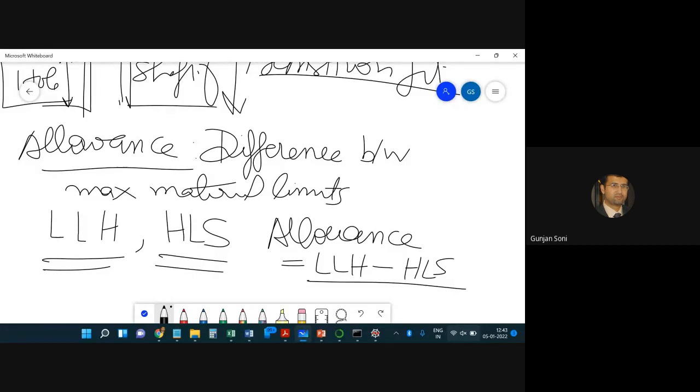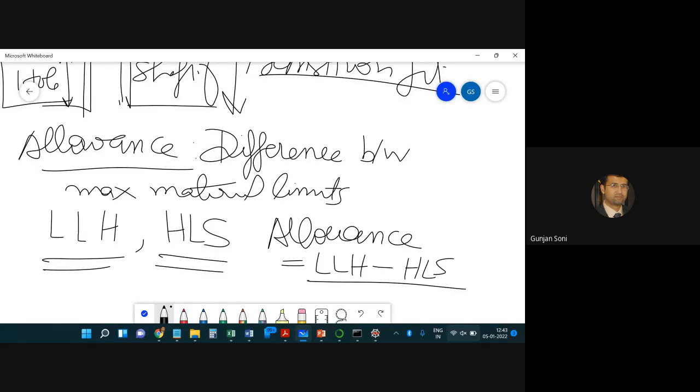Now, in this case, if allowance is positive, what will you say about the kind of fit? If allowance is positive, the lowest limit of hole is greater than the highest limit of shaft. What would you say about the kind of fit? Clearance fit, right.